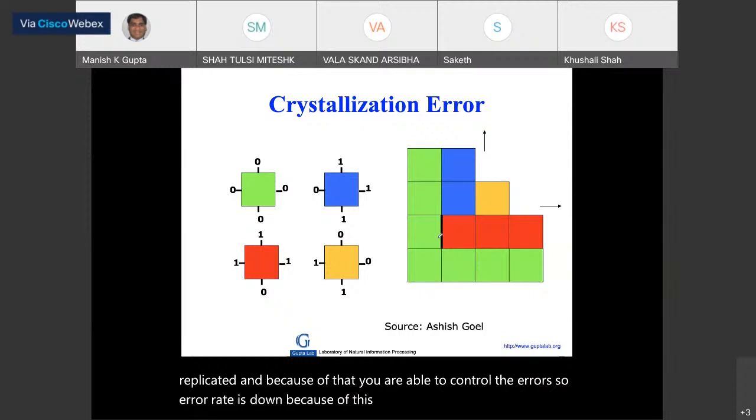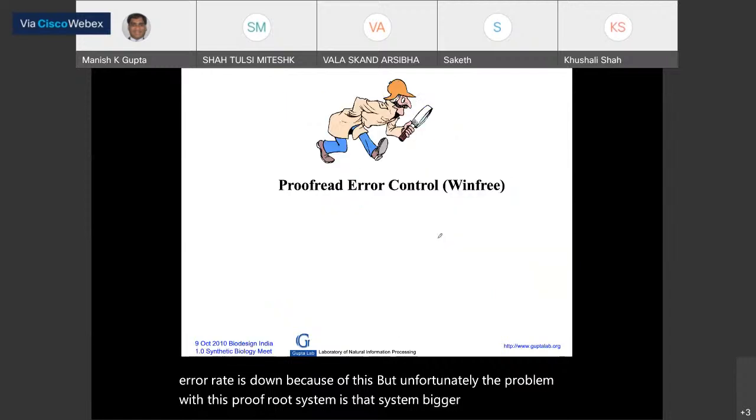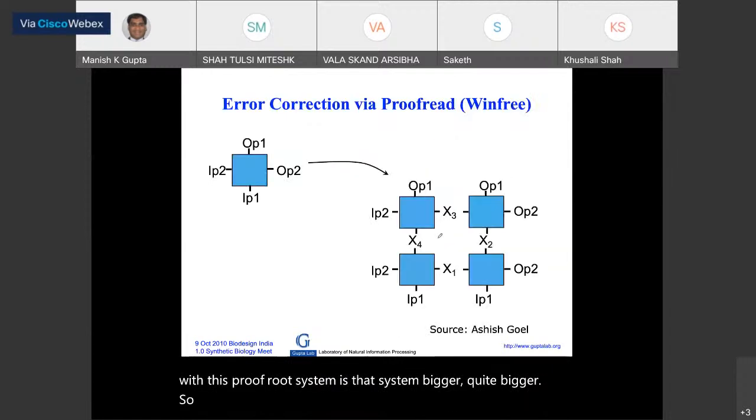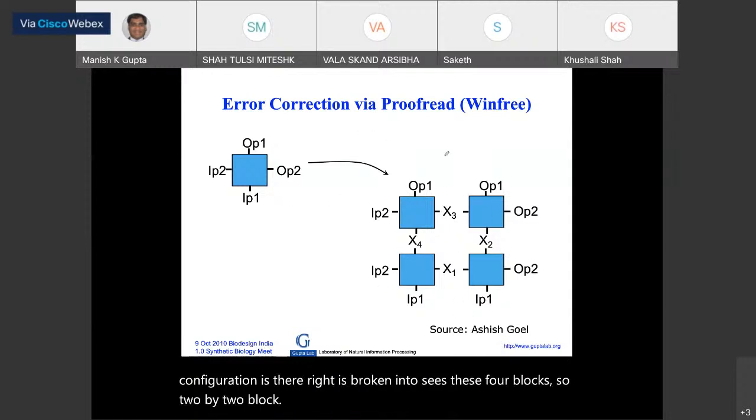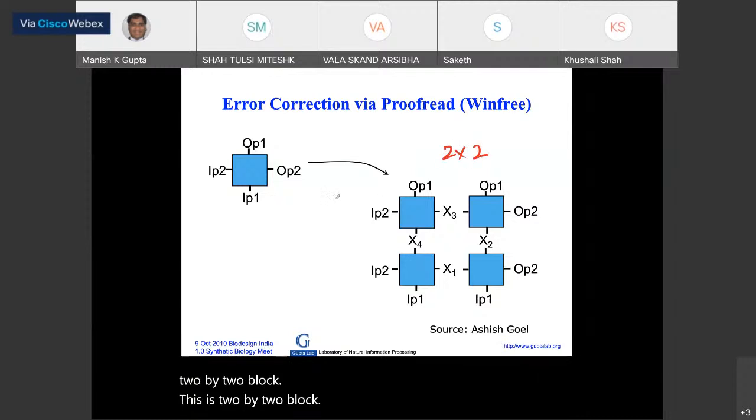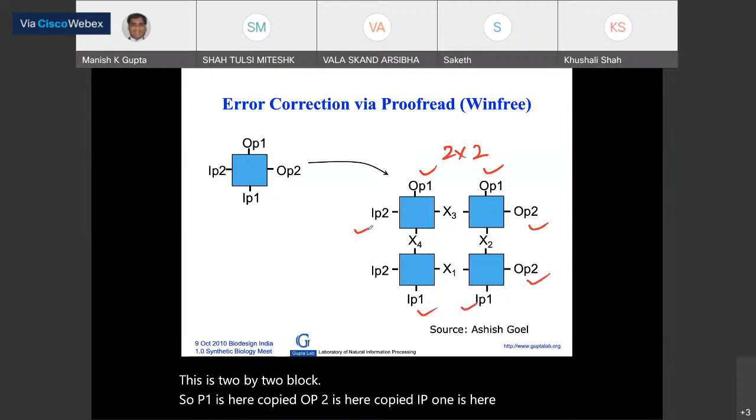But unfortunately, the problem with this proofread system is that the system is quite a bit bigger. So what we do, each tile here, with some input and output configuration, is broken into these 4 blocks, so a 2 by 2 block. So OP1 is copied here, OP2 is copied here, IP1 is copied here, and IP2 is copied here, right?